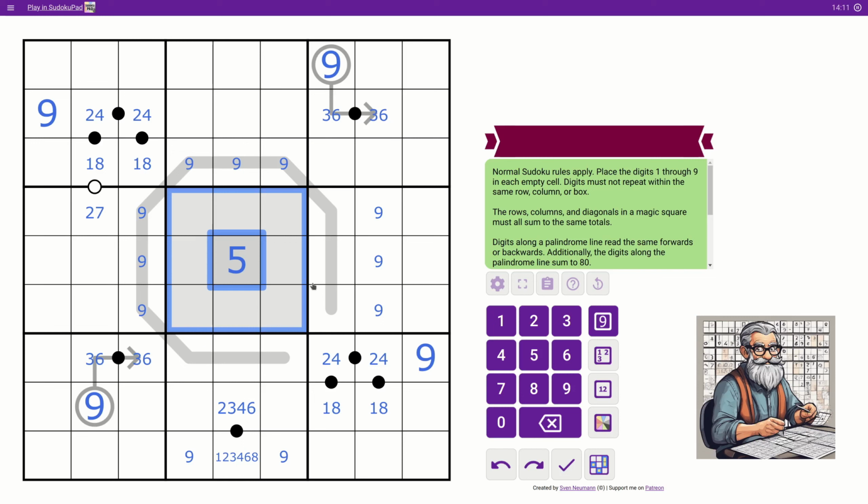I'm not sure. If we have 9, do we know anything more about this section? Don't think so. And it could be the maximum still, 24, or it could be 12. That's as much as we can say.